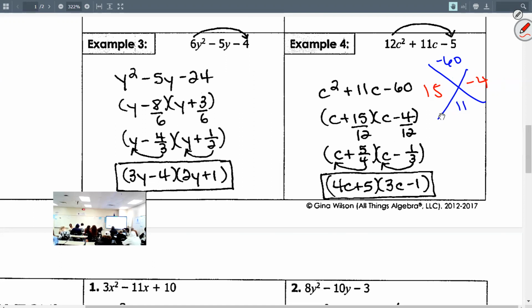That's why they have +15 and -4. Divide by your A, which is 12. Reduce both of the fractions. None of them work out nicely, but you still need to reduce them. And that's how they are rewritten. Questions?